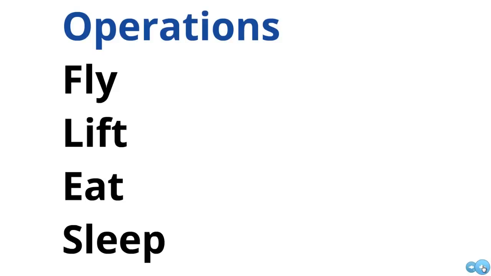So we're not saying that other superheroes cannot fly or lift or eat stuff, but we would say in writing a program that we would want Superman to fly, or we would want the Hulk to lift something, or Batman to lift something, or Iron Man to sleep, or whatever it may be. So we would have to be referring to a specific instance of the class to perform some specific operation.